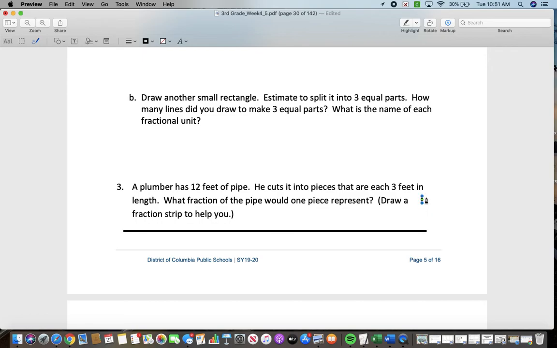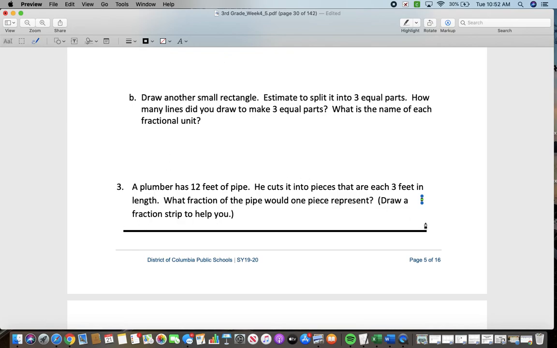So it doesn't look like it's going to let me write that in there. So 12 divided by 3 is going to be 4. So what fraction of the pipe would one piece represent? And if there's 4 equal pieces, what do you think it'll be? If you said fourths, then you got it right.